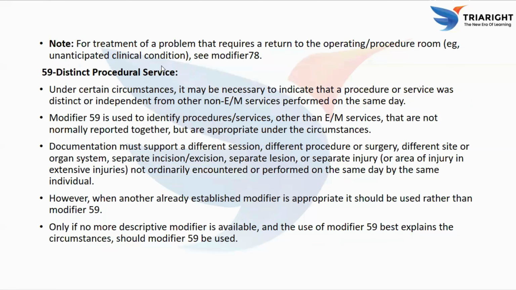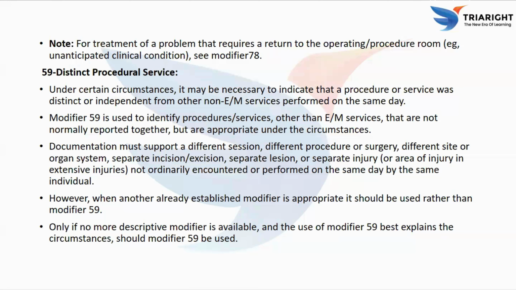What is modifier 59? Simply, modifier 59 tells the insurance company, yes, these two procedures were done on the same day, but they are separate and independent, so both should be paid. Normally some procedures are bundled together and are not paid separately. Modifier 59 is used to break that bundle when it is medically correct. So when do we use modifier 59?